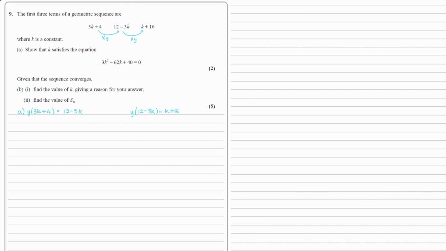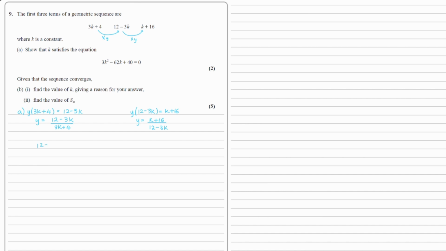If we now make y the subject in both equations, we have y is equal to 12 minus 3k over 3k plus 4, and for the second one, y is equal to k plus 16 over 12 minus 3k. We can equate both of these because they're both equal to y.